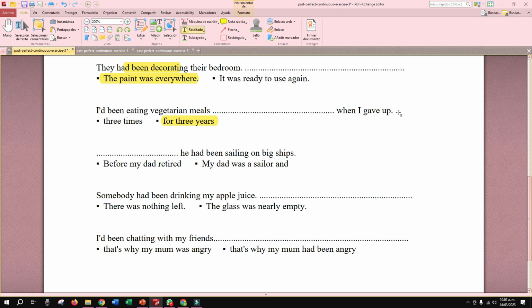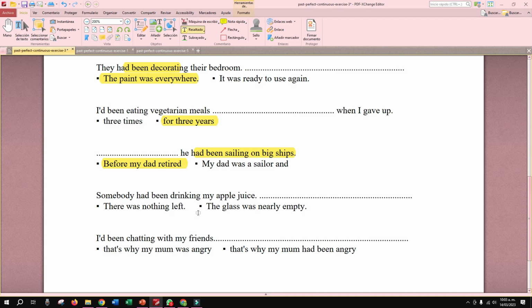In the second one, he had been sailing on big ships. So before my dad retired, he had been sailing on big ships. That would be the option. First event, then the second event that is continuing in the past, right? Let's see this one. Somebody had been drinking my apple juice.